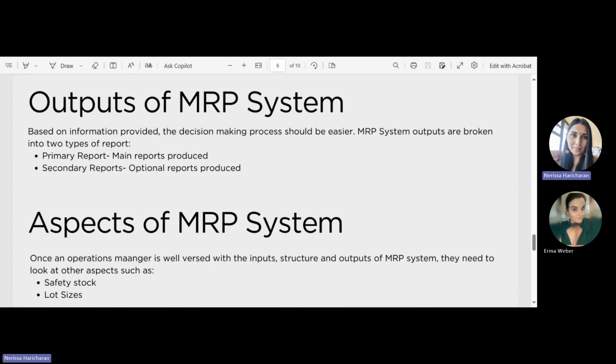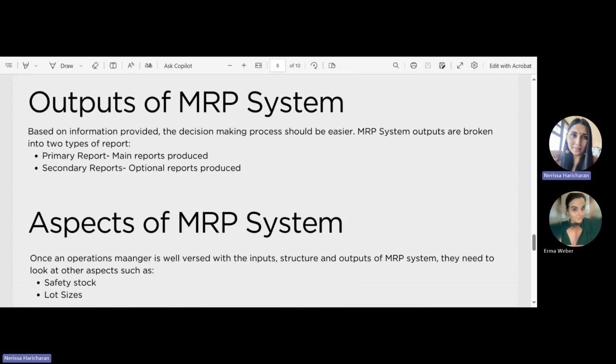Then we look at other aspects of MRP. Once an operations manager is quite well versed in their inputs, their outputs, and the different processing of how an MRP system actually functions, they need to understand a number of other issues regarding MRP.